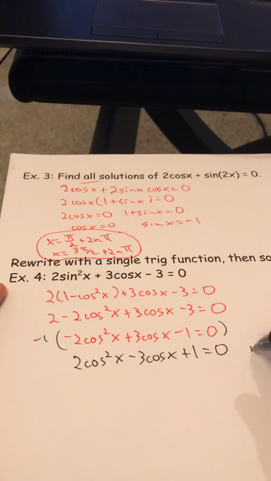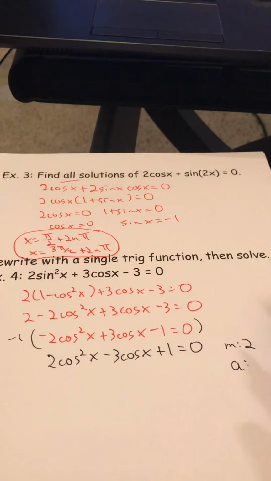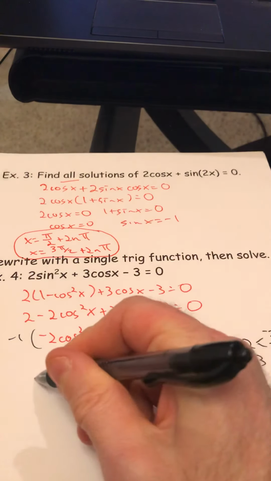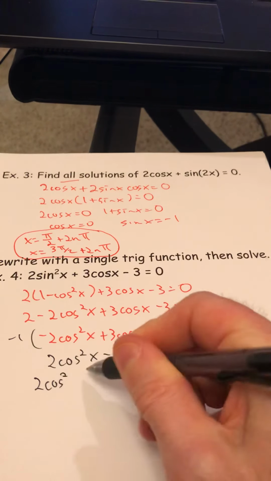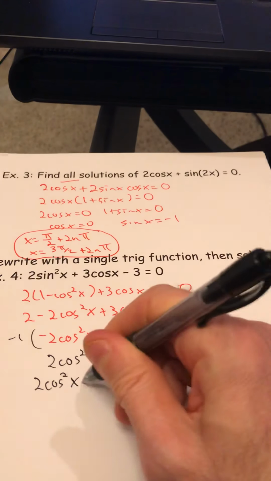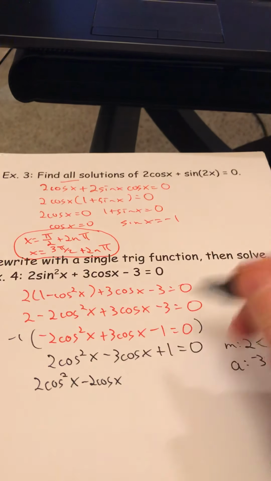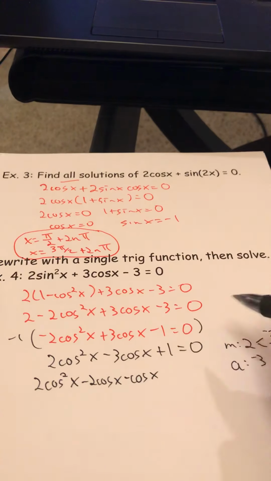So now we're looking for what multiplies to 2 and adds to negative 3. Well, that will be negative 2 and negative 1. So we are going to split the middle. 2 cosine squared x minus 2 cosine x minus cosine x plus 1 equals 0.